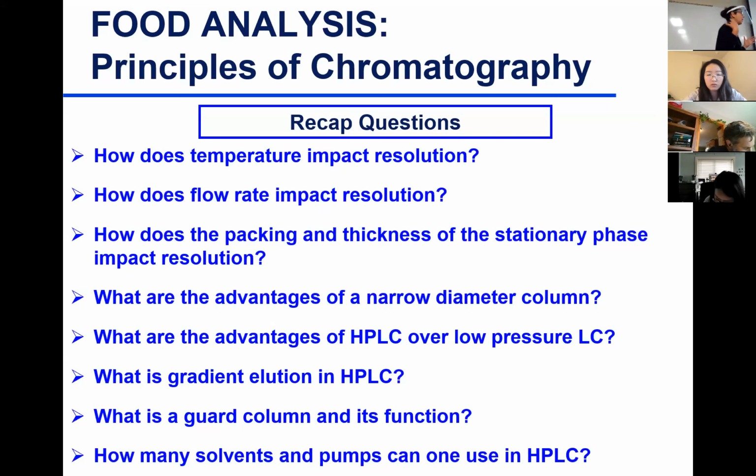So you have to think based on what you really want. Do you want more capacity or better resolution? How much sample are you injecting? Do you want to be able to inject more sample? Then you probably need more capacity. So really it depends on your objective. What do you really want to do? But the thinner it is, the better the resolution. That's what you want to remember.